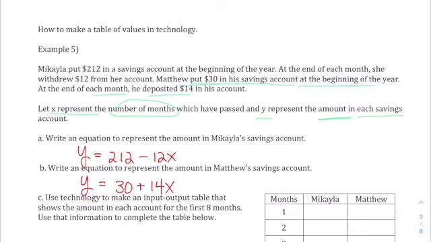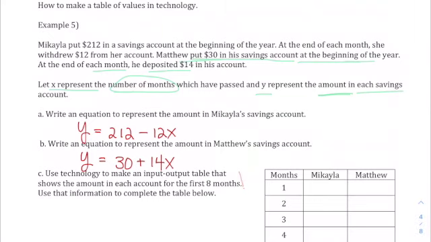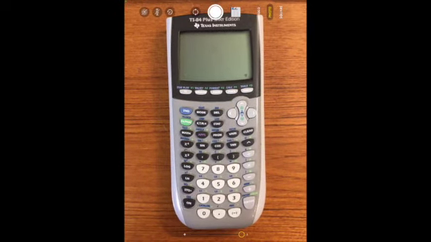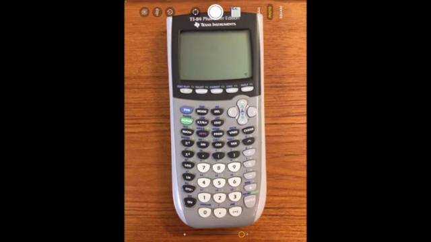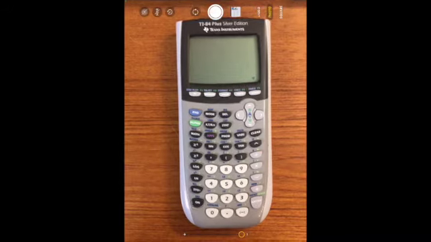Okay. And then they say use technology to figure out how to enter the table. Okay. So here's the technology part. On a TI-84, I'm going to show you how to get the table so you don't have to figure out the problem one number at a time.